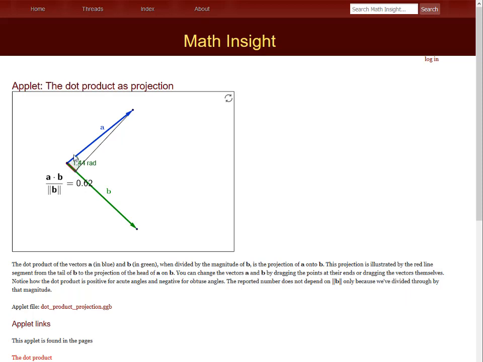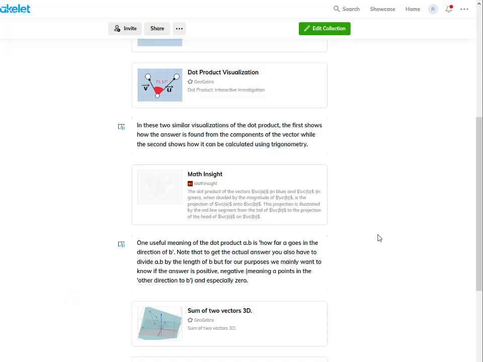So it's quite a long vector, but it does not go very far in this direction. Whereas if the angle is small, vector A goes quite a long way in the direction of B. And actually, the dot product gives you almost exactly that, as long as you divide by the length of B to remove the effect of that length. And that gives you the distance that A goes in the direction of B. That's another interpretation of dot products.